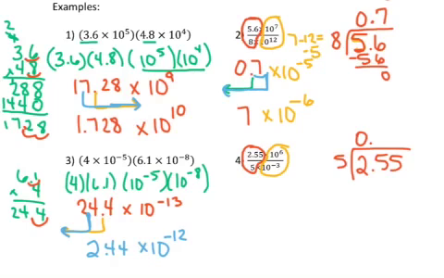Put your decimal point there. Then ask how many times does 5 go into 25. It goes in 5 times. That's 25. Subtract and you get 0. Drop down the 5. 5 goes into 5 once, which is 5. And we get 0 as the remainder. So this red part is 0.51.